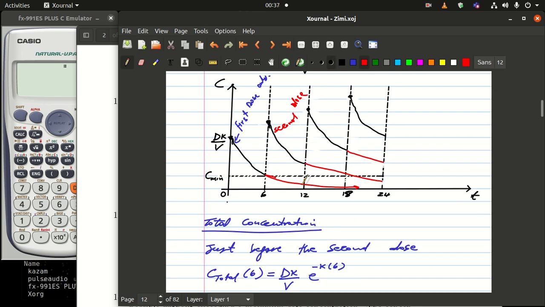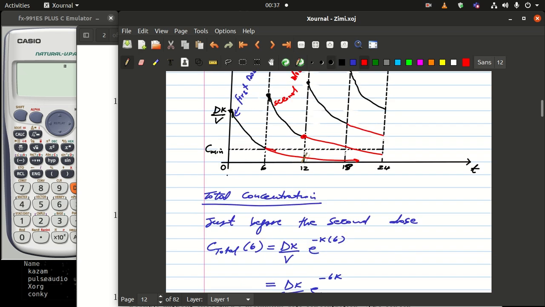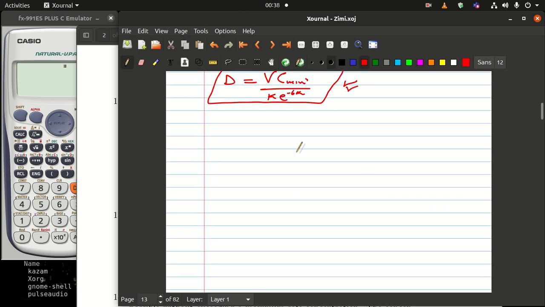Now let's look at what will be the concentration just before I add the third dose. So what will be the concentration at that particular point? If you look at this concentration, this one is going to go all the way. So I'm still having the concentration of the first. Let me first write this one here.